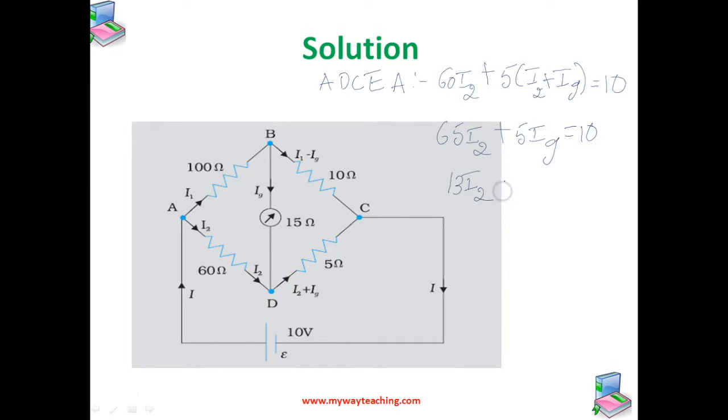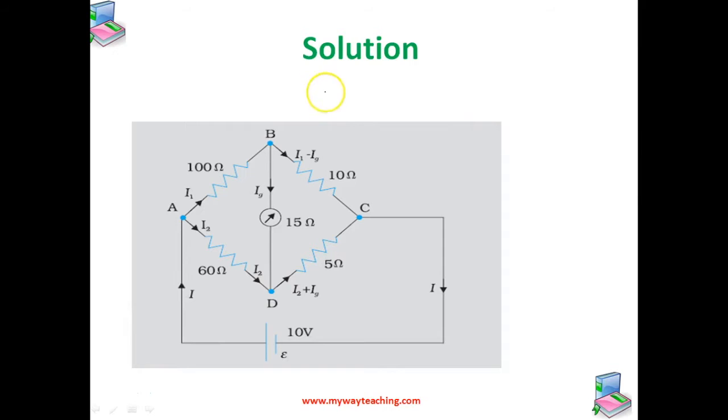So if you simplify it further, and multiplying the equation that we got before by 10, the equation 2I1 minus 6IG minus I2 is equal to 0.